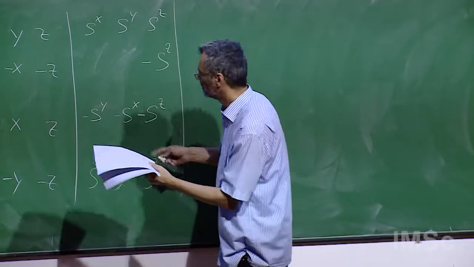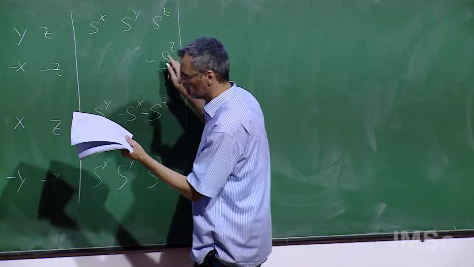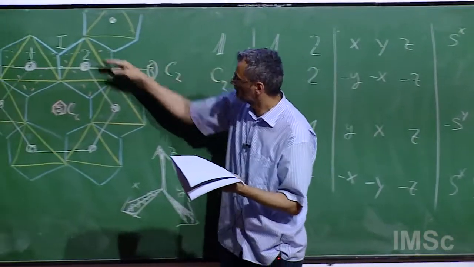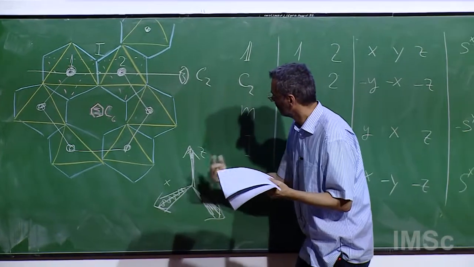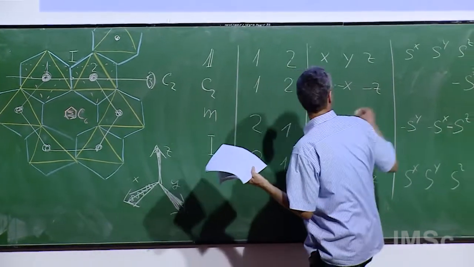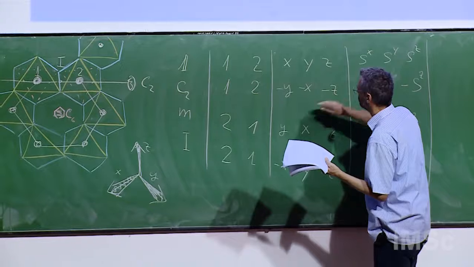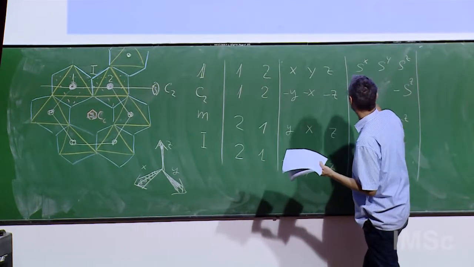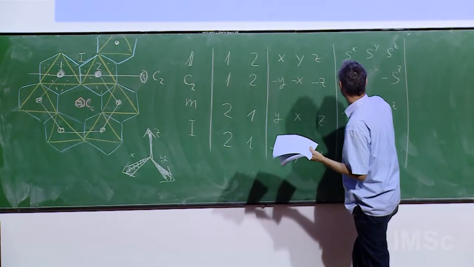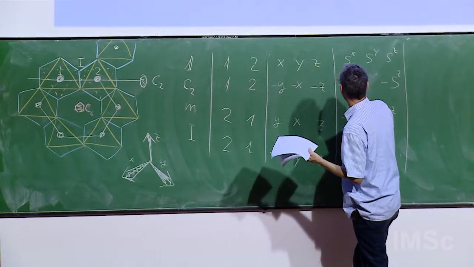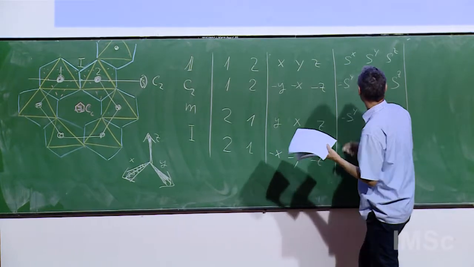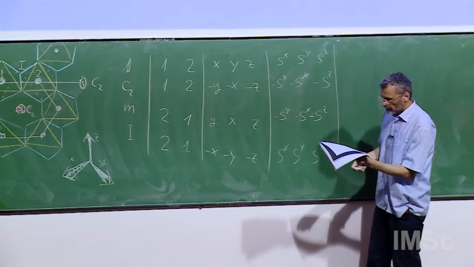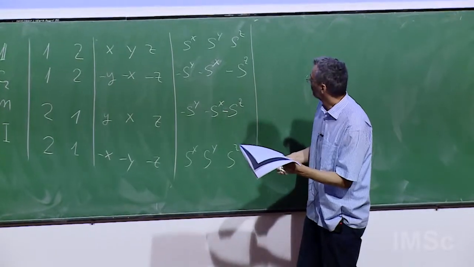Right. The C2 will just rotate, so actually for rotations, the spin and the axial operators transform the same way, so it will become minus Sy and minus Sx. Right. I hope this is fine.